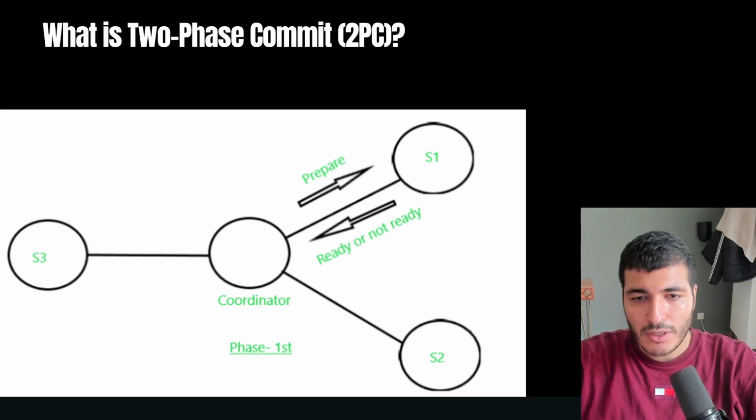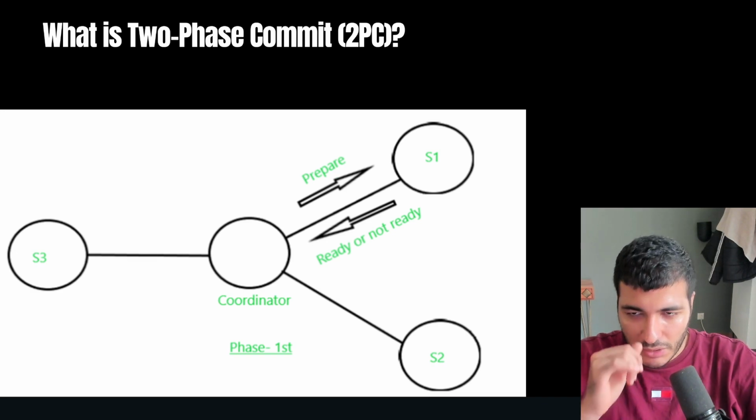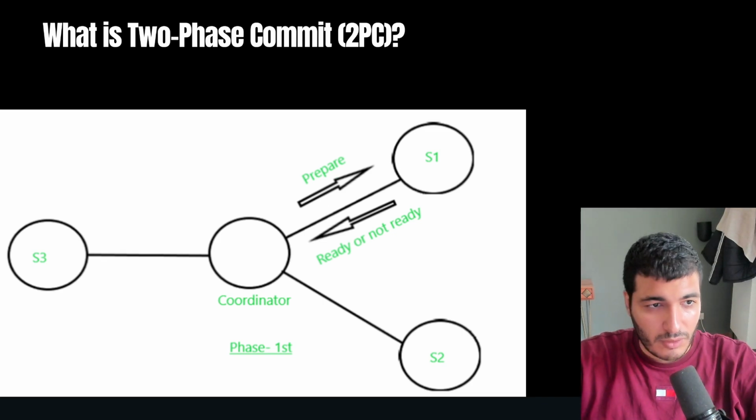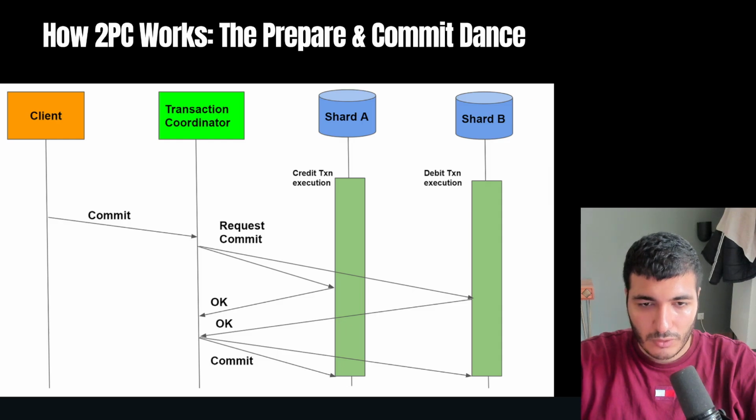Its goal is to maintain ACID properties, atomicity, consistency, isolation, durability, across these distributed resources. It ensures that either all participants commit the changes or none of them do. Okay, so let's try to understand how it works.